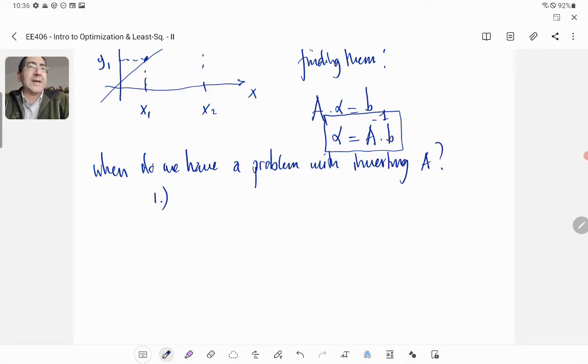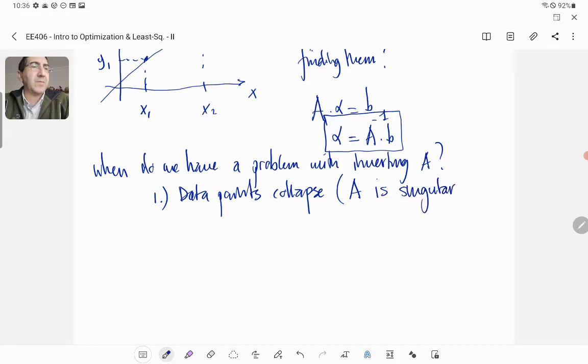One is that data points collapse, meaning that A is singular. Example: x1 is equal to x2.